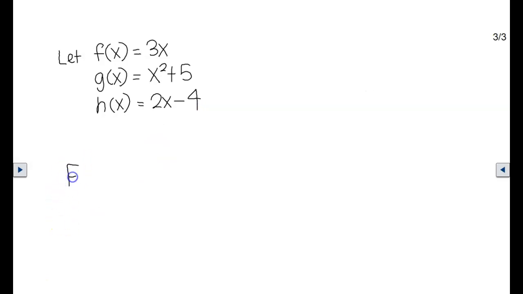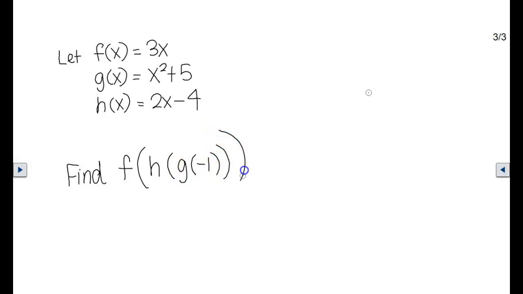And I could say to you then, I want you to find f of h of g of negative 1. So f of h of g of negative 1, and then notice I have to have the same number of parentheses closing up over here that I've opened on this side.